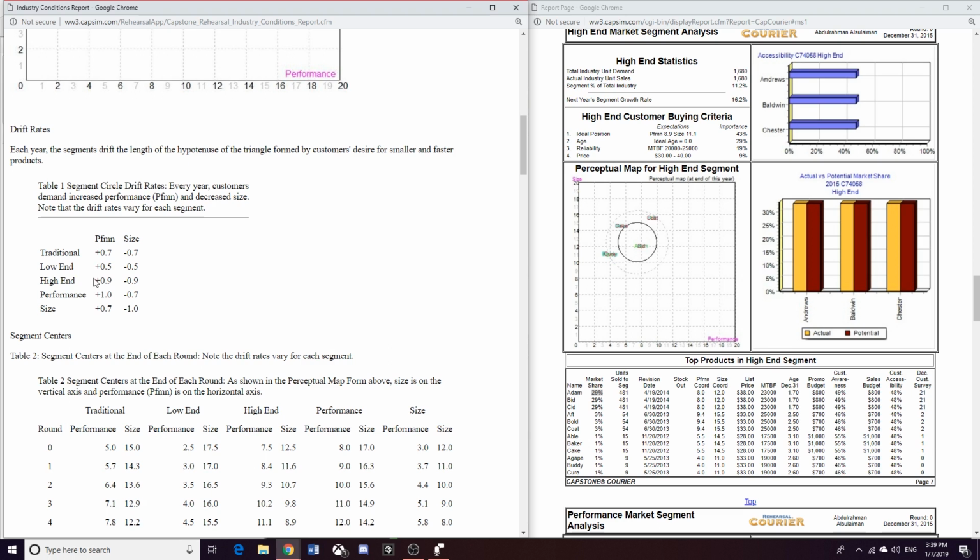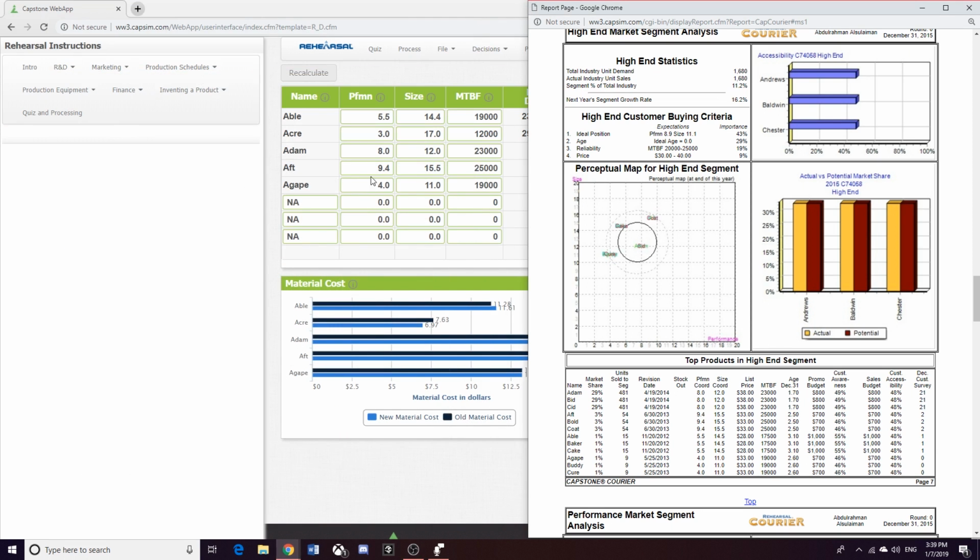The drift rate for high end performance is 0.9. So 8.9 plus 0.9 equals 9.8. And our performance is way lower than what customers actually want.